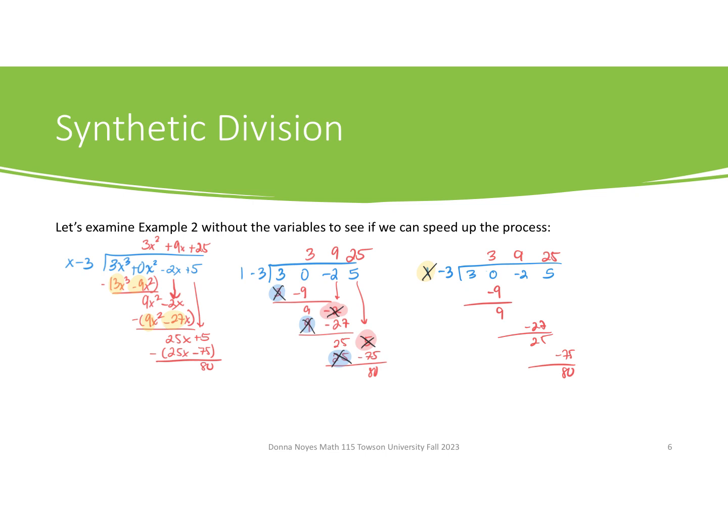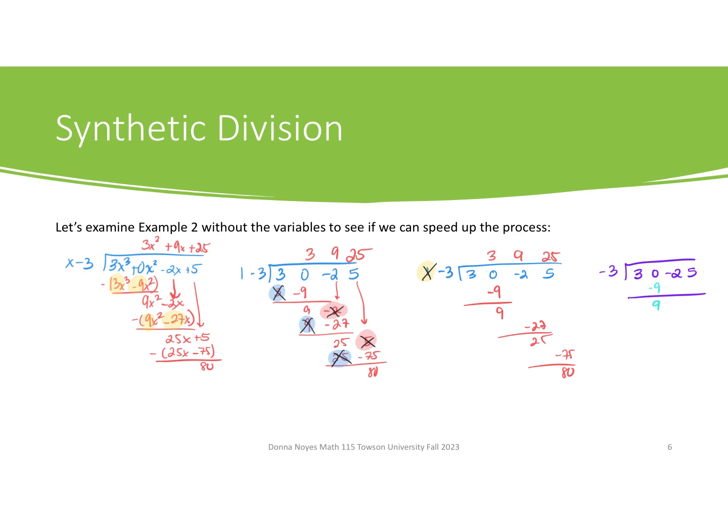So now, I'll even switch colors. Let's see what we've got. We've got it down to a negative 3 on the outside. Underneath, we still have 3, 0, negative 2, and 5. And now underneath them, we have negative 9. We have the 9 here.